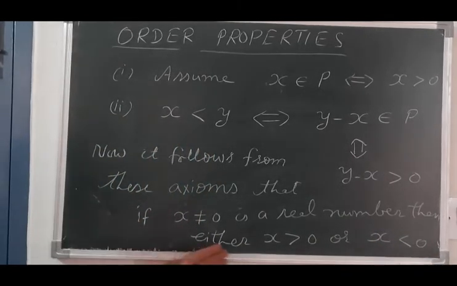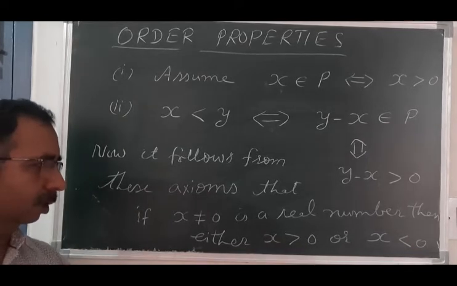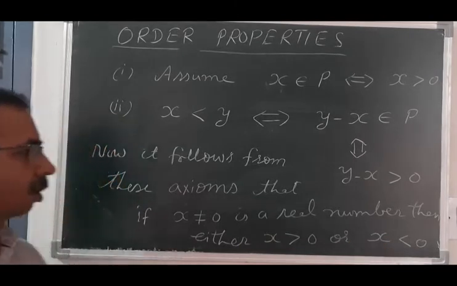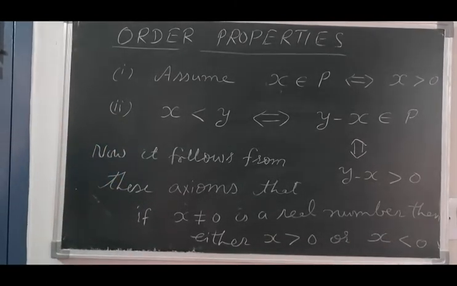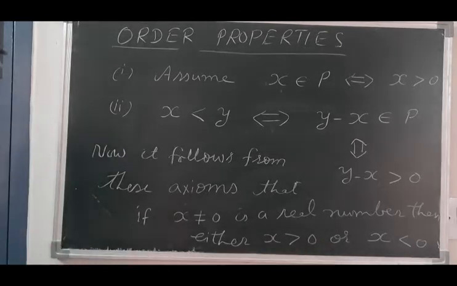So either x belongs to P. Now we have got this notation for that sentence: x belongs to P, or x less than 0 if x doesn't belong to P. That is, x is positive number or x is negative number.